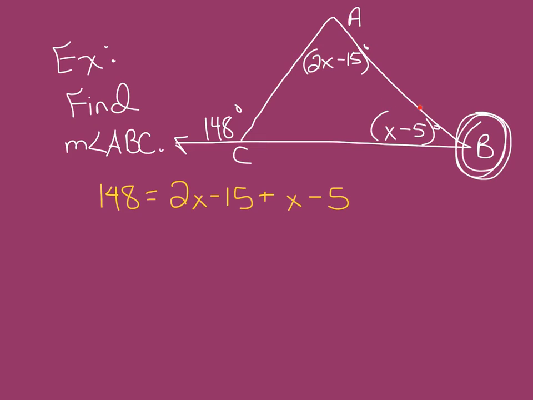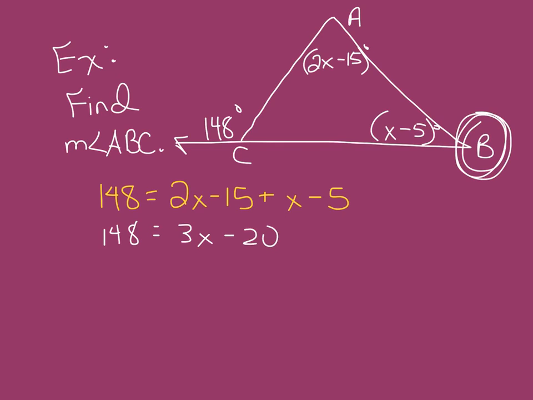This angle and this angle right here, add those together, it gives you this angle right here. Okay, so now we're going to do some basic solving of equations. So we got 148. I'm going to combine my like terms here. 2x and 1x gives me 3x. And then I combine my like terms here. Negative 15 and negative 5 gives me negative 20.